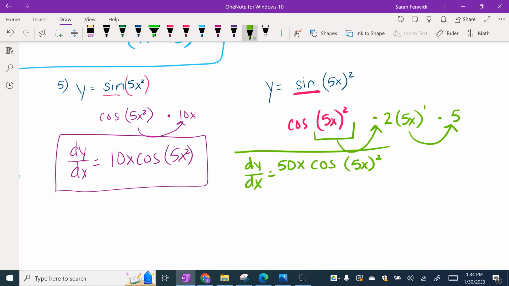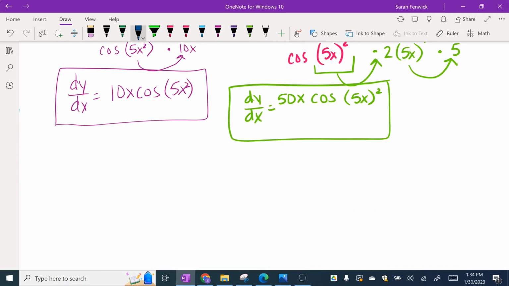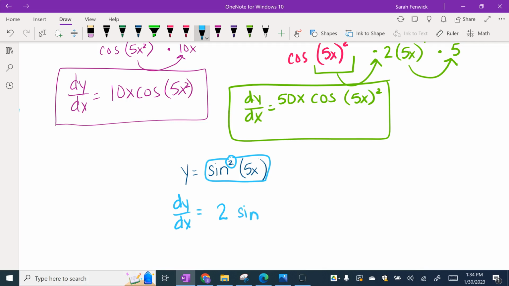Notation is very important, guys. Don't forget about it. One more time, same problem, but this time we're going to have y equals sine squared 5x. This time the square is on the sine, so the square is my outside function. So I bring the 2 around, I keep the sine of 5x, subtract my power.